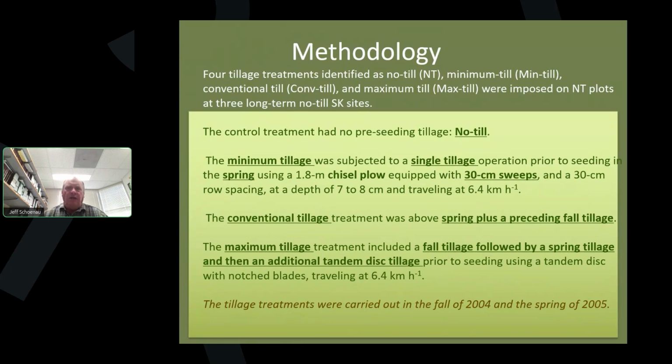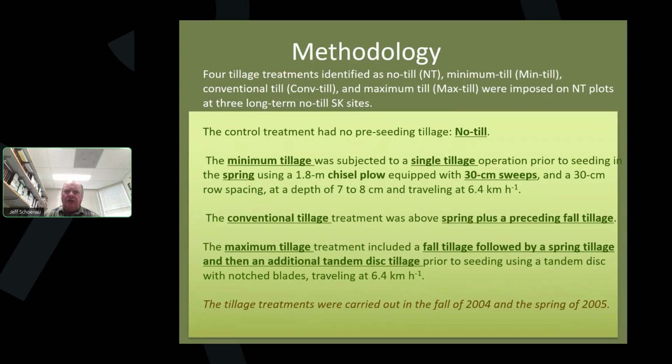Another treatment we had was what we called conventional tillage, which was really 2 operations with the chisel plow, both a spring and a preceding fall tillage operation. And finally, what was called the maximum tillage treatment included a fall till and a spring till, and then an additional go over with the tandem disc prior to seeding.